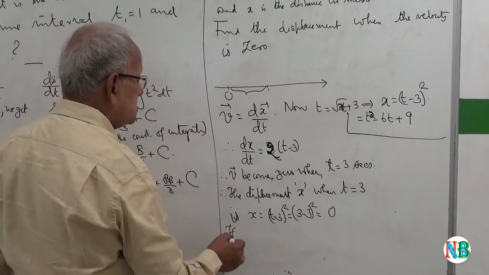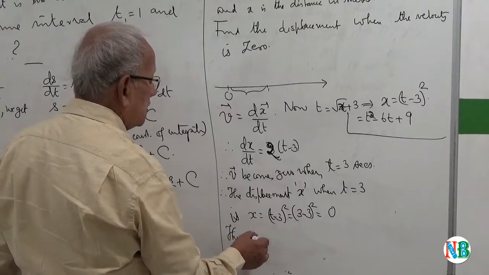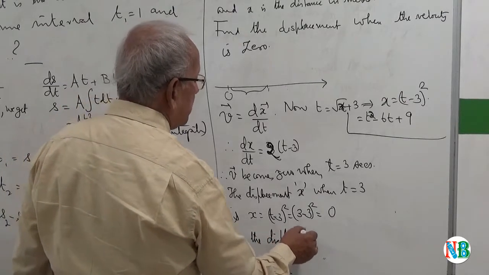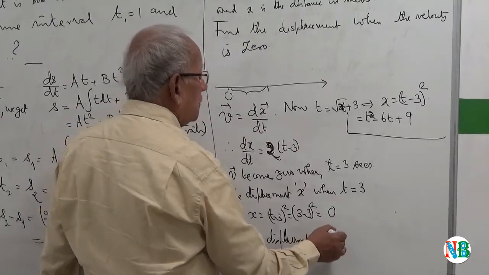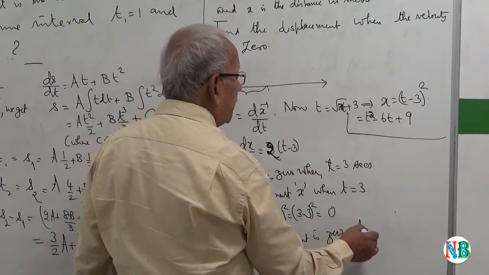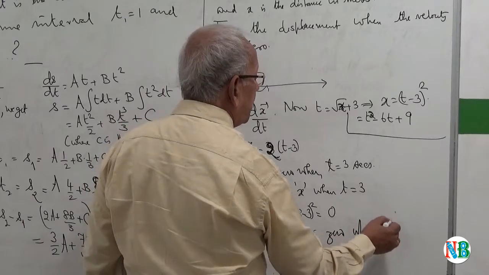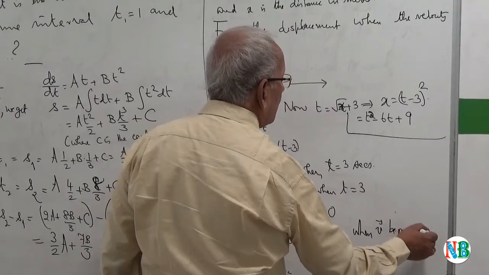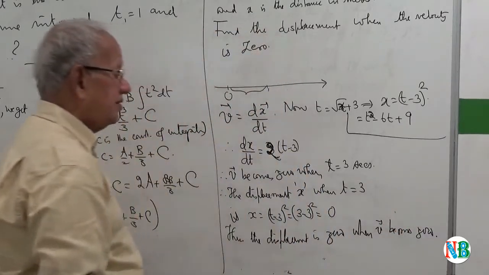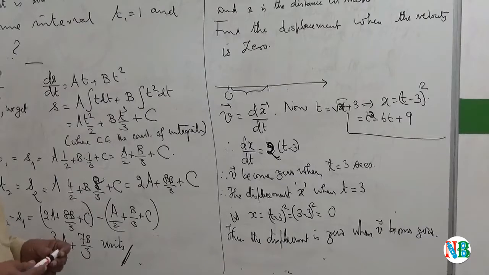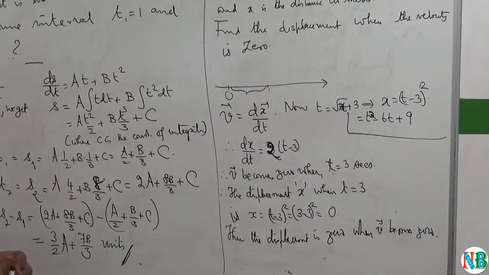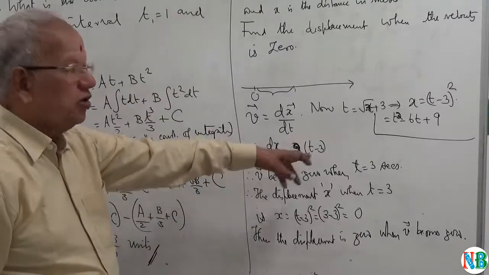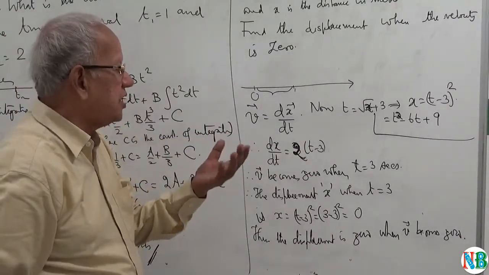Thus, the displacement is 0 when v becomes 0. Right? This is something to see. Really, what is happening is, let's see that the motion starts at t equal to 0.